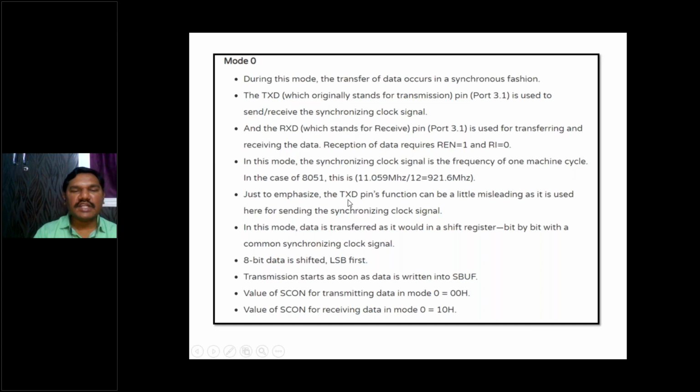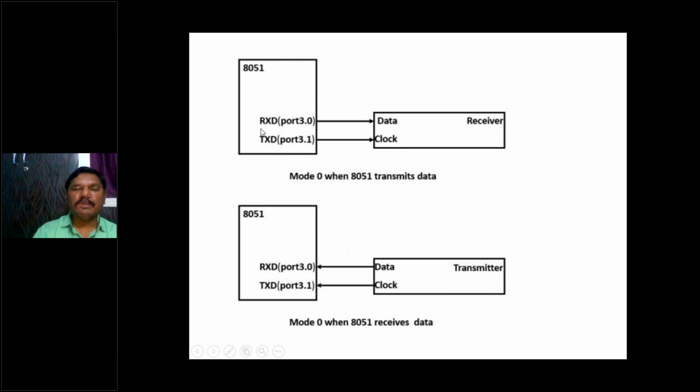Just to emphasize, the transmit pin's function can be a little misleading, as it is used for sending the synchronizing clock signal. In this mode, data is transferred as it would be in a shift register, bit by bit, with a common synchronizing clock signal. See here, in mode 0 when data is transmitting, the RXD pin is for data and the TXD pin is for clock.